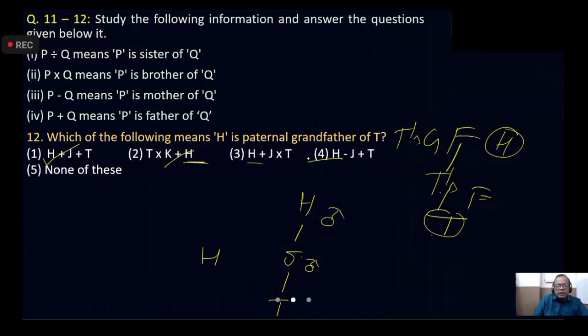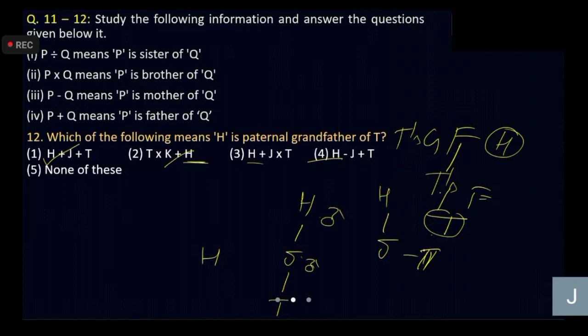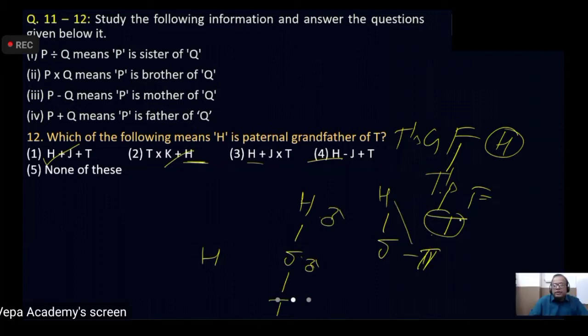We also work on choice number 3. If you see H plus J, H is father of J. Then J into T. Into means J is brother of T. So J is brother of T means T's father is also H, but we want 3 generations.